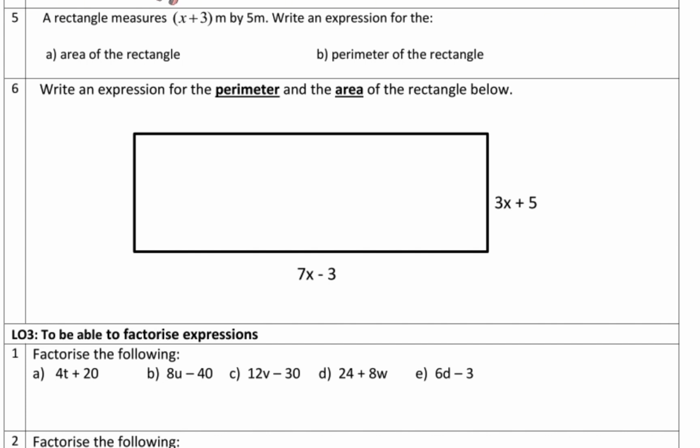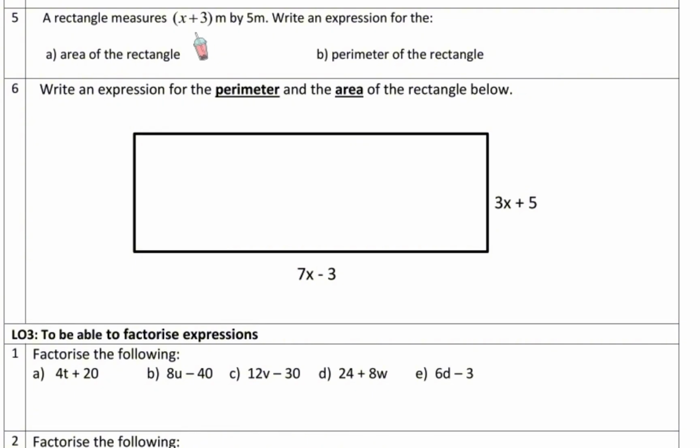A rectangle measures x plus 3m by 5m. Write an expression for the area of the rectangle and the perimeter of the rectangle.